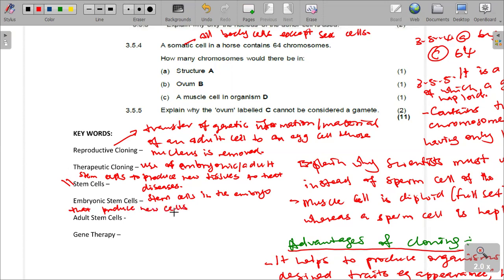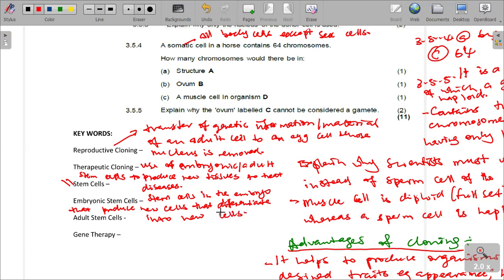As you can see, stem cells in the embryo that produce new cells that begin to differentiate into different cells.